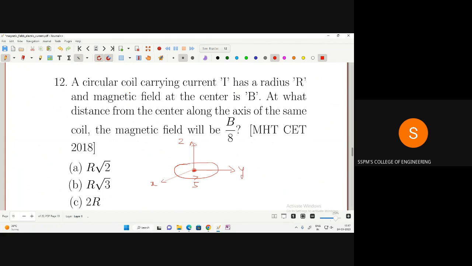The magnetic field at the center of the circle is mu 0 I divided by 2R येतो. समजलं? Where R be the radius of the circle. हा रेडियस जो आहे तो सर्कलचा रेडियस असणार. हा इक्वेशन नंबर 1 असणार. Where B is a magnetic field at the center. सेंटरला आपण फाइंड आउट केलं. सेंटर ऑफ द सर्कल.